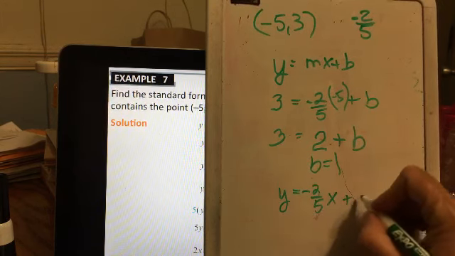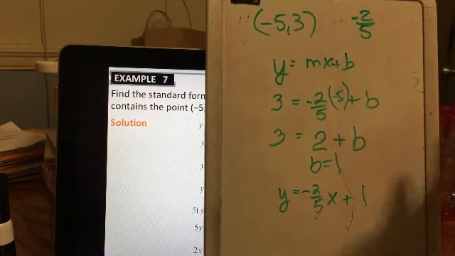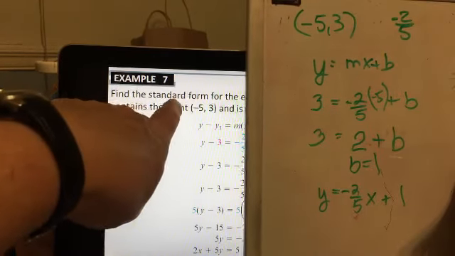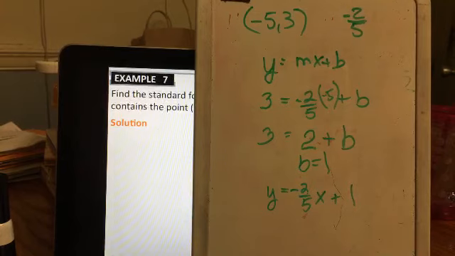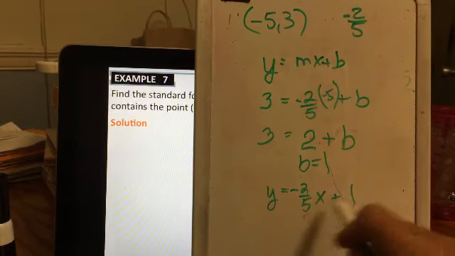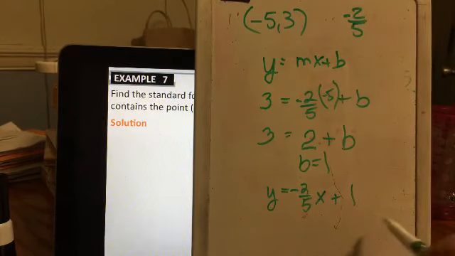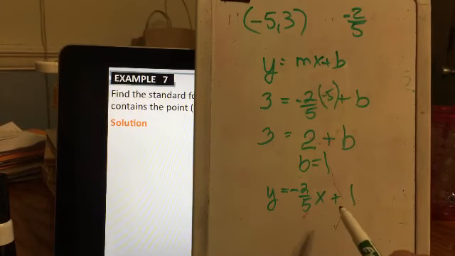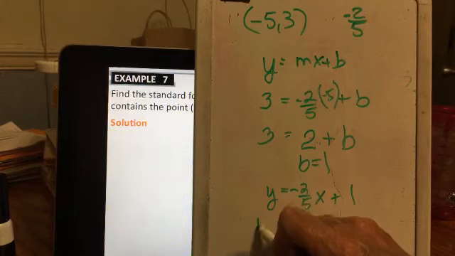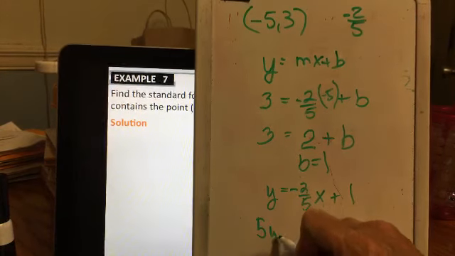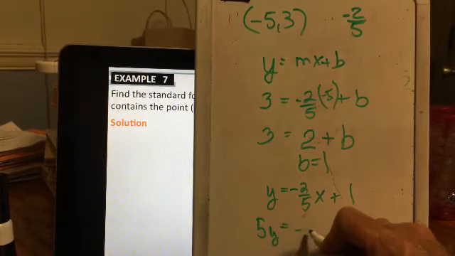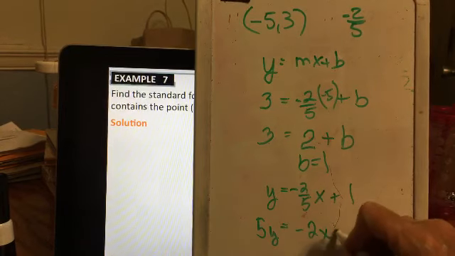X plus 1. Okay? Now, they told me to put this in the standard form. I have it in the slope-intercept form. To get into the standard form, I should multiply. Remember, standard form has no fractions. So I'm going to multiply everything by 5. So 5y is equal to -2x plus 5.